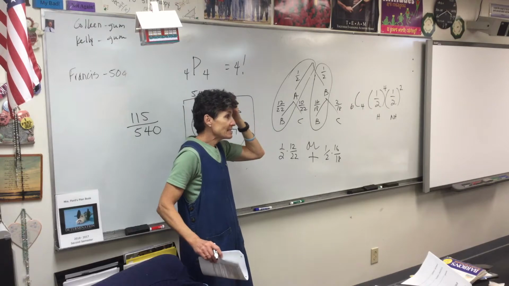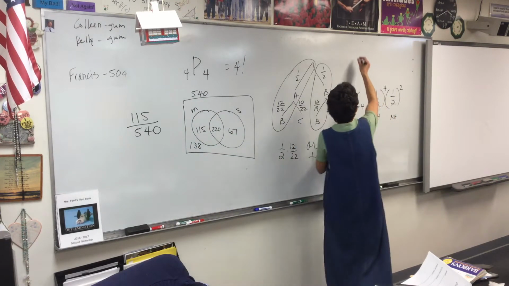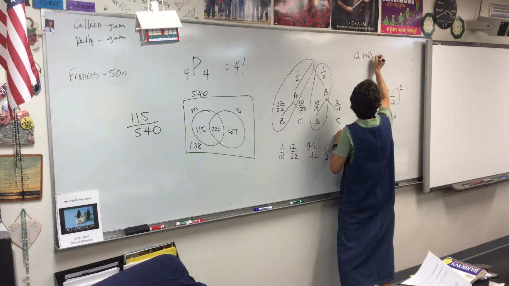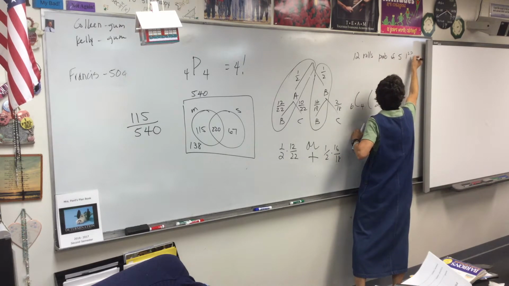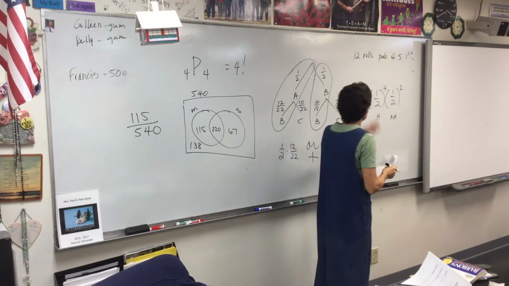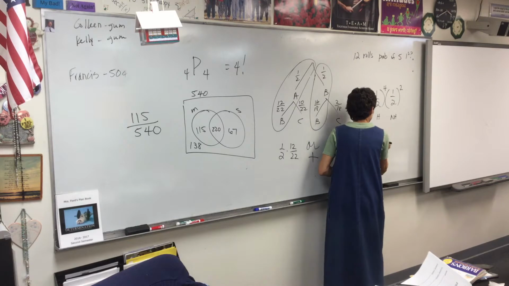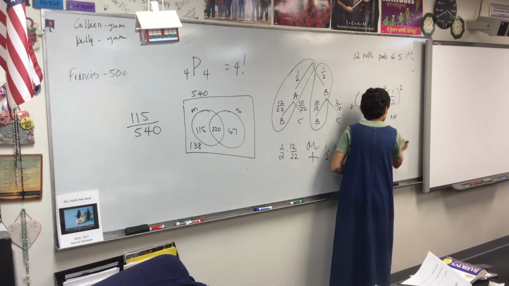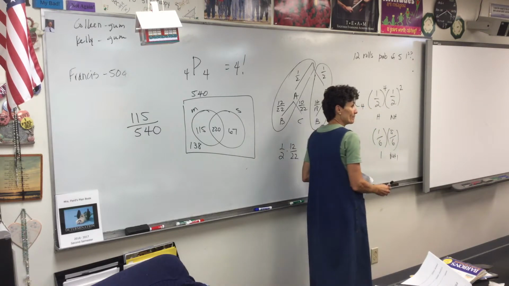Okay? If I said to you, roll a die 12 times, what's the probability of 5 ones? You would do it exactly the same way. Your probabilities are 1/6 and 5/6. This is a 1, not a 1, right?